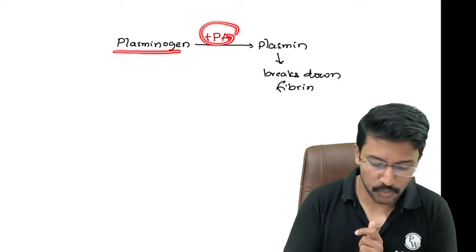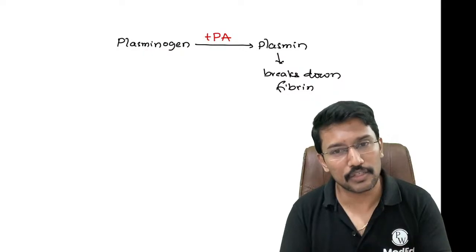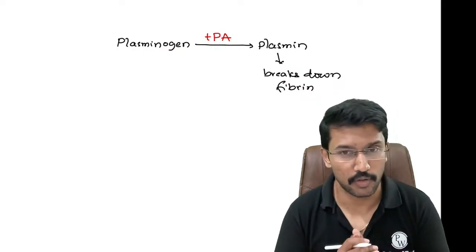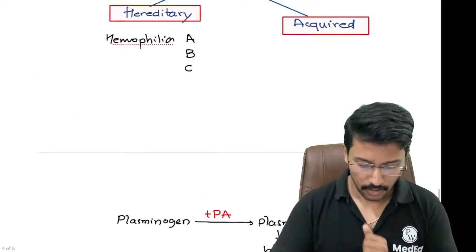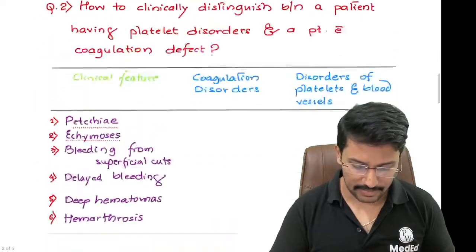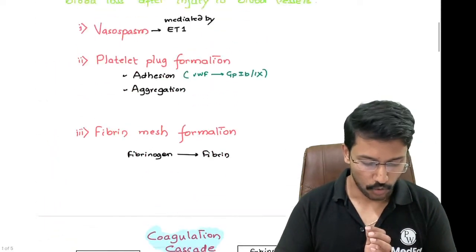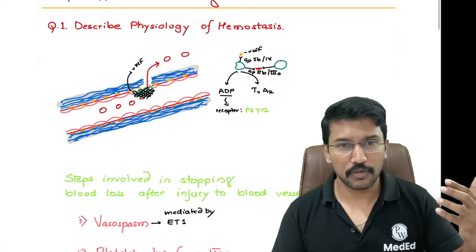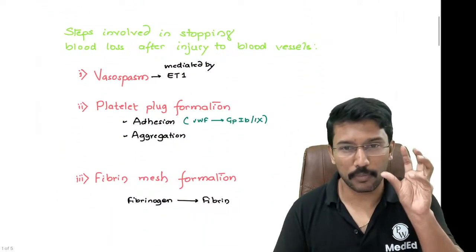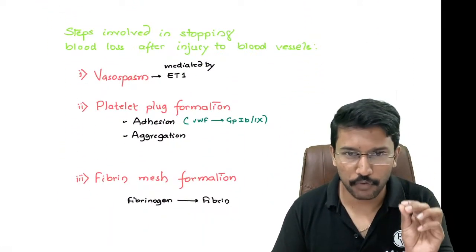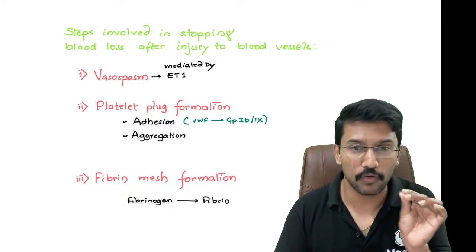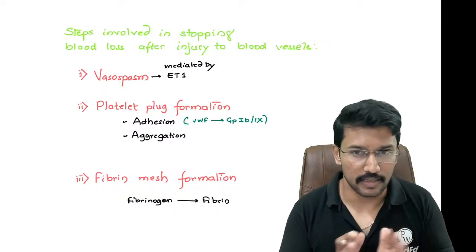They activate plasminogen to plasmin, and the plasmin will dissolve the clot. That is how these fibrinolytic agents work. So this is the basic mechanism of preventing the bleed and eventually clearing the clot. The steps involved are first vasospasm, then formation of a platelet plug, then formation of a fibrin mesh, and finally dissolving the fibrin plug once the healing is done.